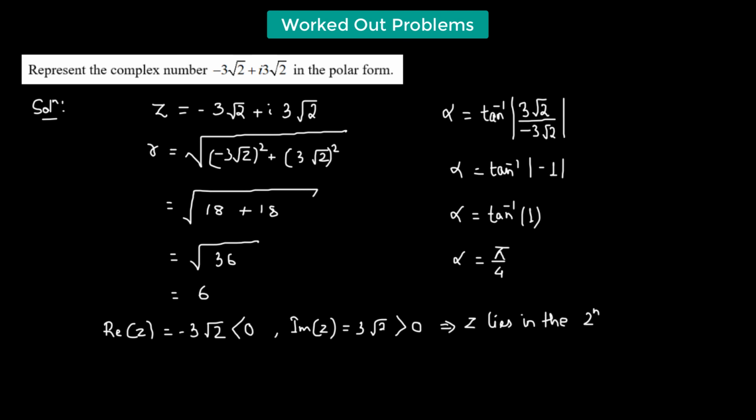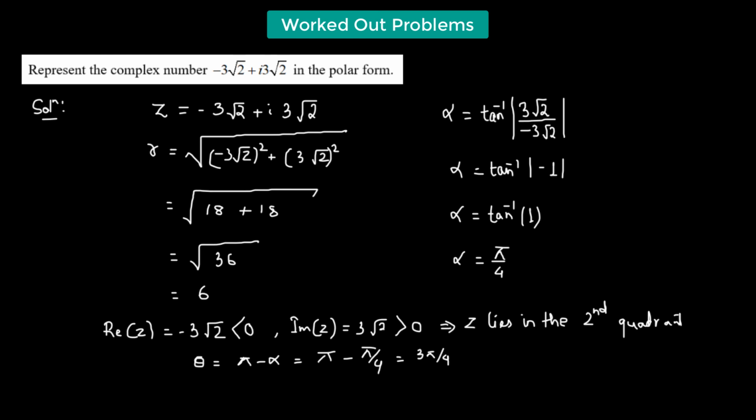In the second quadrant, we have a negative real value and a positive imaginary value. So our theta value will be equal to pi minus alpha, which is pi minus pi over 4. So that gives us 3 pi over 4.